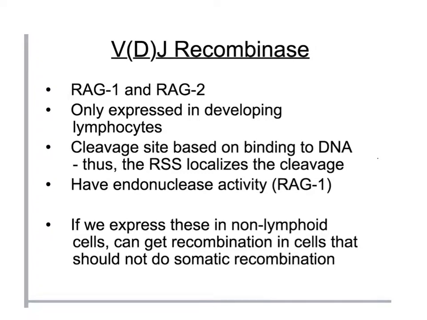An interesting feature of the RAGs is that they're only expressed in developing lymphocytes. What are the lymphocytes? B cells and T cells. So these genes only get turned on during development in B cells and T cells. Yet another reason why we don't see somatic recombination happening in cells other than B cells and T cells. It doesn't happen in kidney cells or heart cells.